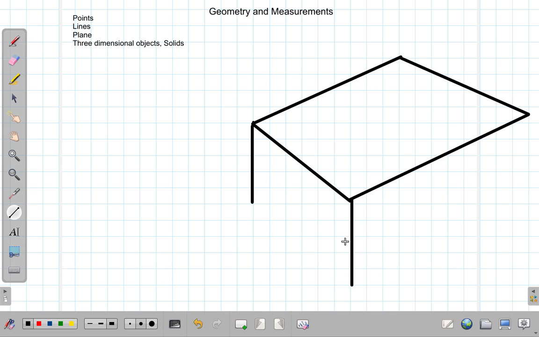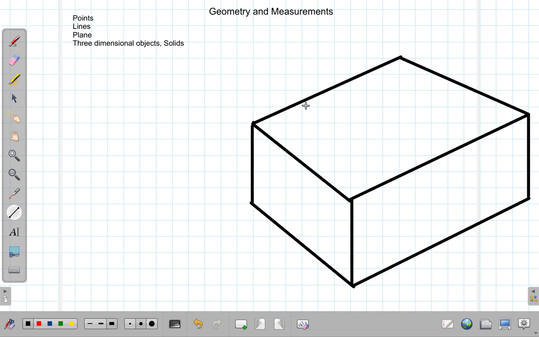Right. So I go down. No, let me do that again. Okay, so what I have is a 3-dimensional object here.